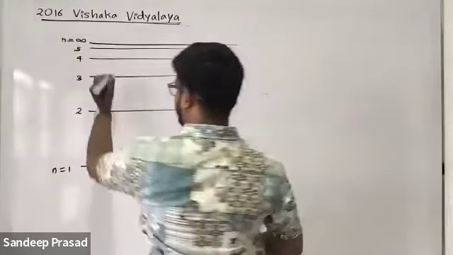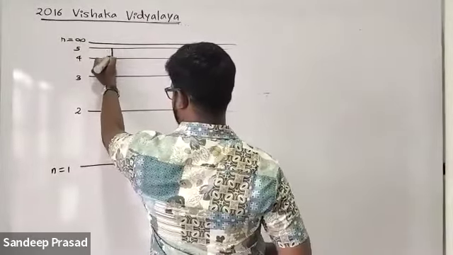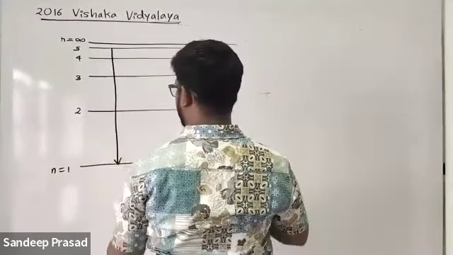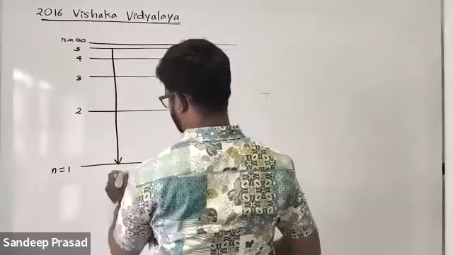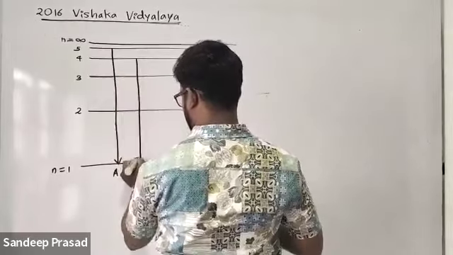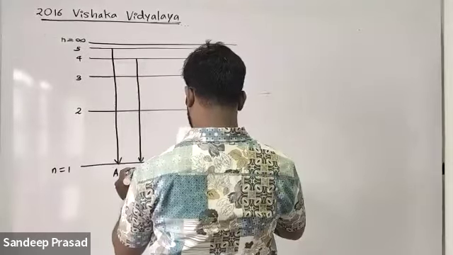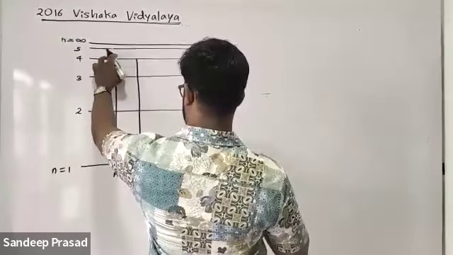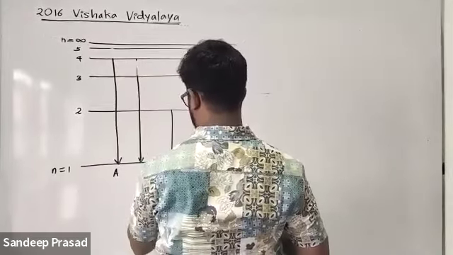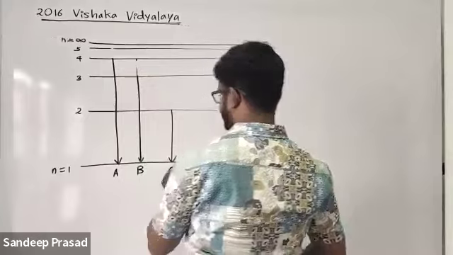According to the diagram they have given, this spectral line is the electron transition from n equal 5 to n equal 1. This is A. This is n equal 4 to n equal 1. And this is n equal 3 to n equal 1. N equal 2 to 1. So therefore, A, B, C.